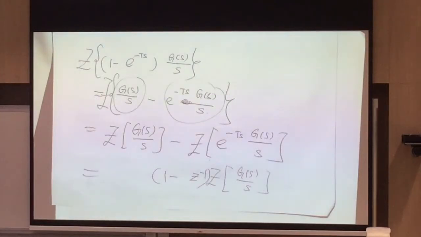So now I'm not dealing with a transfer function, I'm dealing with the signal. So now you should be able to solve this question: what should be the discrete transfer function of your G(s) processed by the zero-order hold?